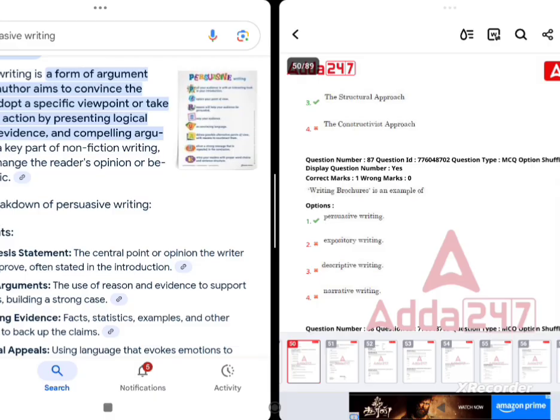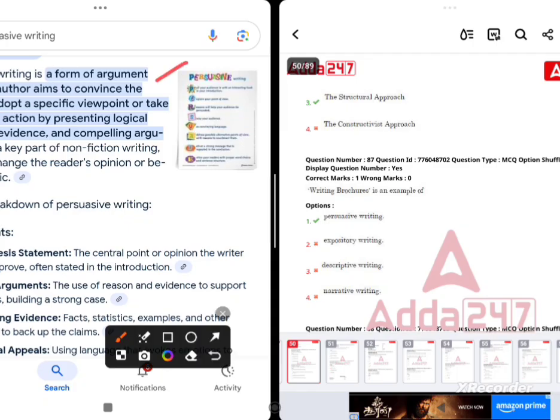Persuasive writing is a form of argument where the author aims to convince the reader to adopt a specific viewpoint or take a particular action by presenting logical reasoning, evidence, and compelling arguments.